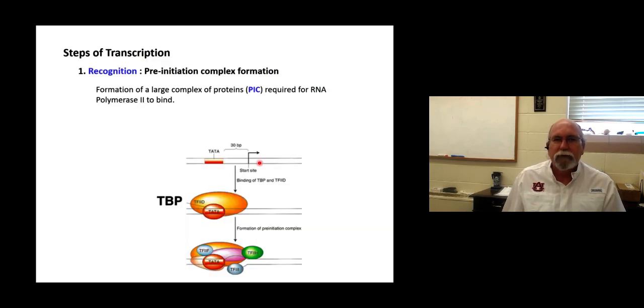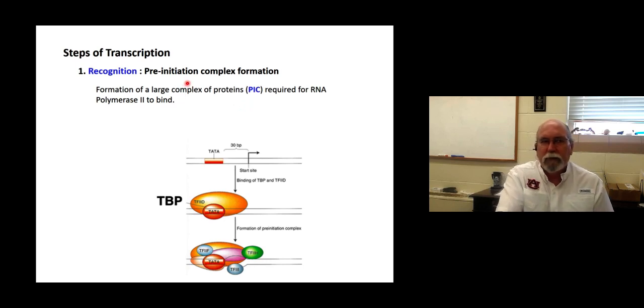So let's think about recognition. Recognition is the formation of this complex, and this complex is recognized here as the PIC. PIC stands for pre-initiation complex, and that complex involves a number of proteins.